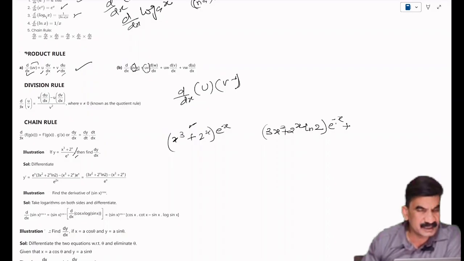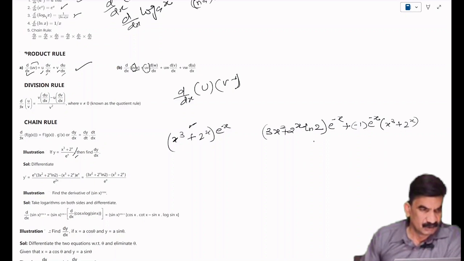Plus differentiation of e to the x is e to the x, but it is e to the minus x, so you'll write minus 1 e to the minus x. And then you write the original thing, which was x cubed plus 2 to the x.